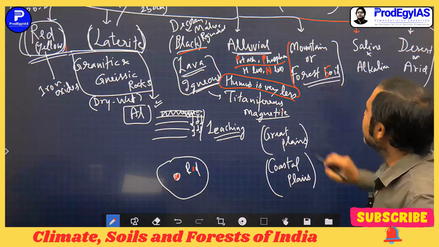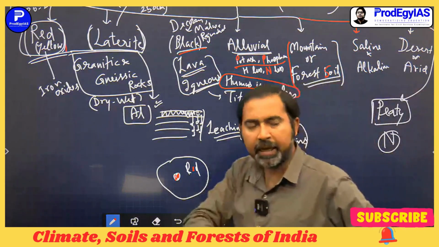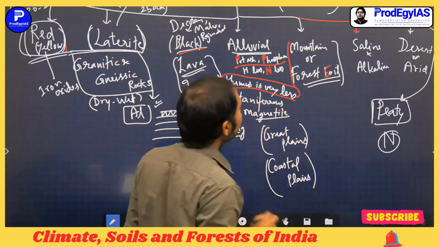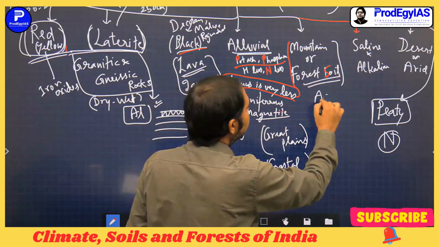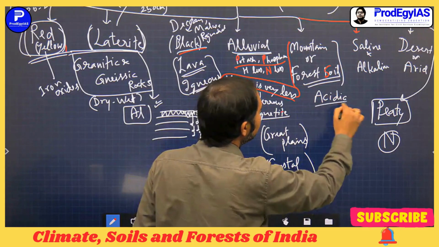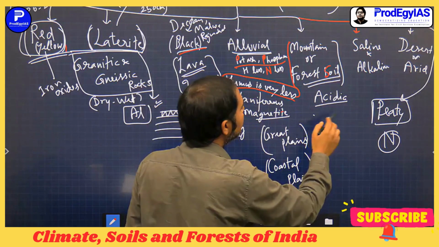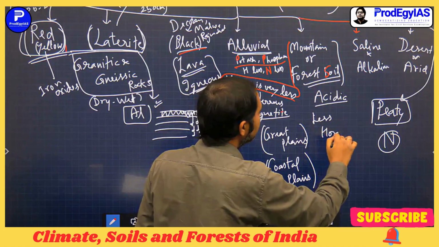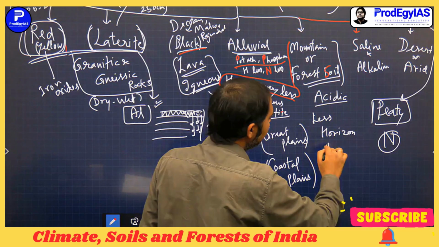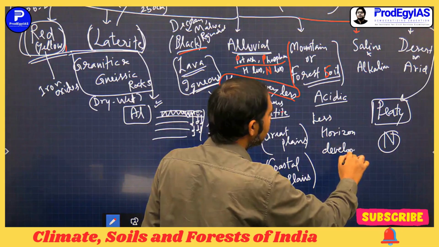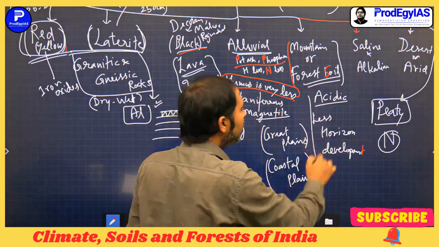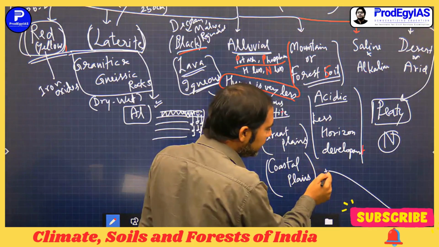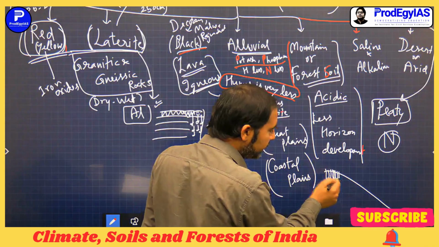In mountainous areas there is very little development of soil horizons. That is why mountainous soil is largely acidic in nature, with less horizon development, because of the slope.